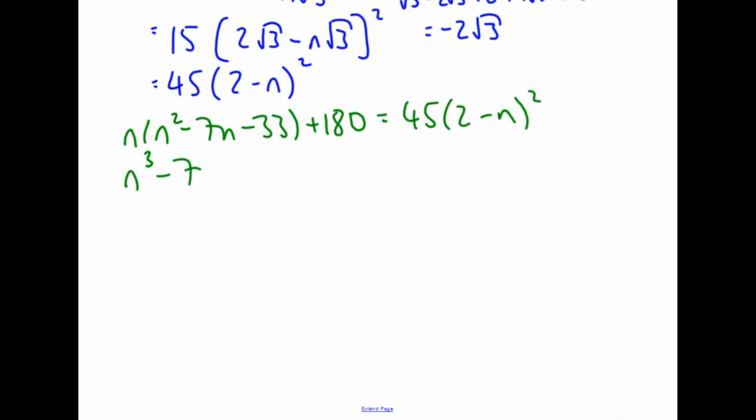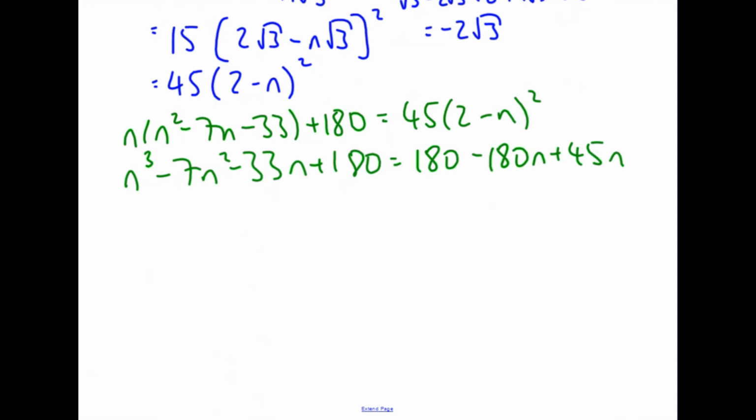So n cubed minus 7n squared minus 32 equals 45 times expand. So n squared times 4 is 4, times 45 is 180, minus 4n, so minus 180, and plus 45. That tells us on the left-hand side, there's 180 to cancel.